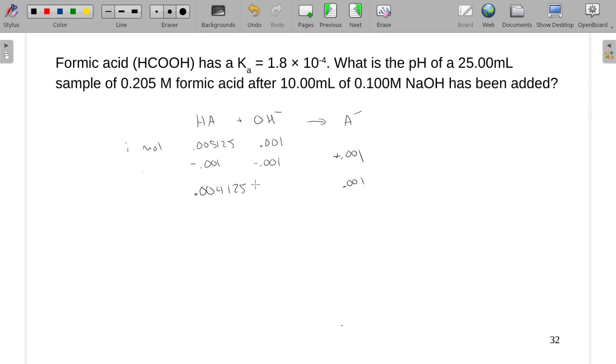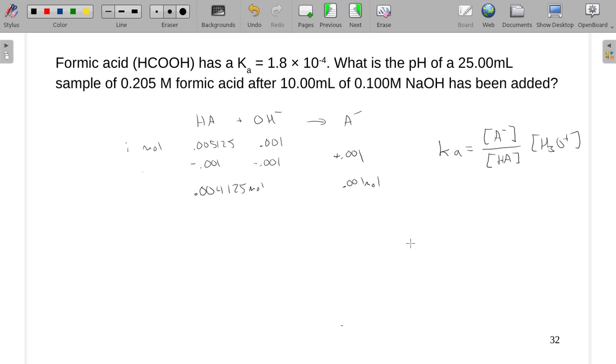Alright, since we have HA and A minus remaining, we are in a situation with a buffer, and our equation to plug in and solve for a buffer just has that relationship with the A minus over the HA times our H3O. And we're going to use that to get our H3O.